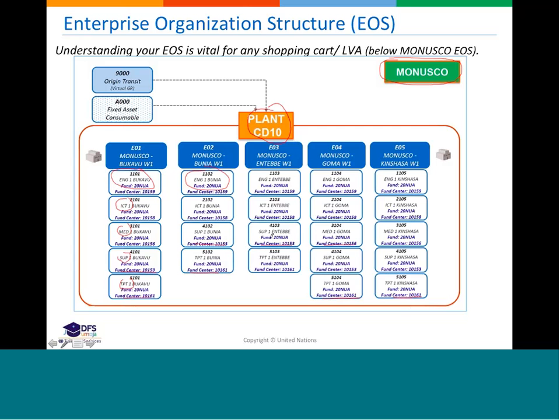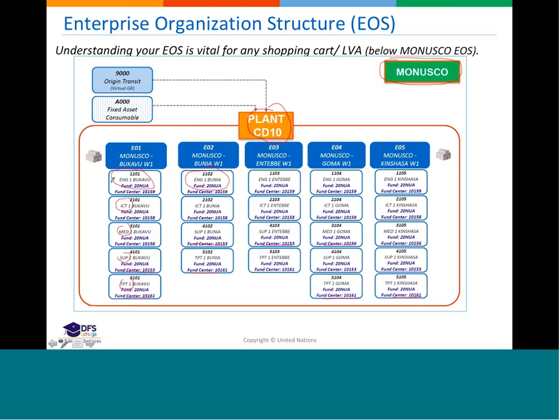But then what is the storage location? The storage location is a subset of the fund center, because, as we see in this graph, engineering is in different sections in the mission. It's in Bukavu, it's in Bunia, it's in Entebbe, in Goma, and Kinshasa.